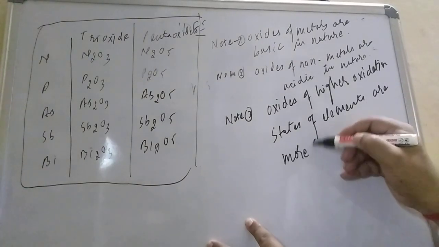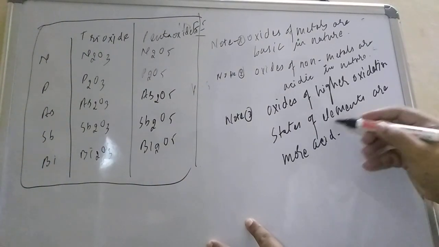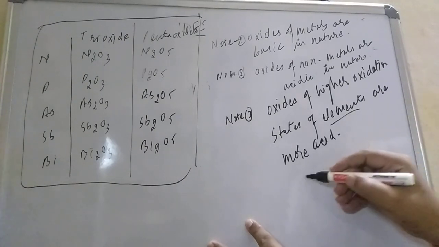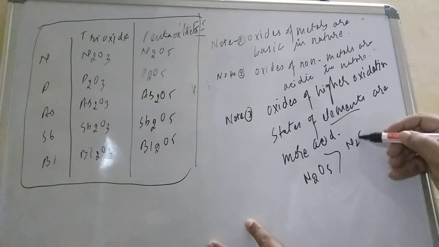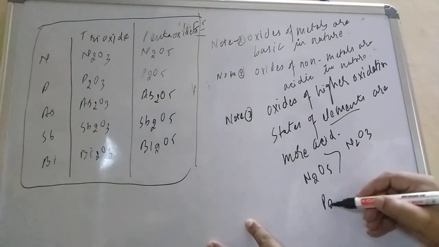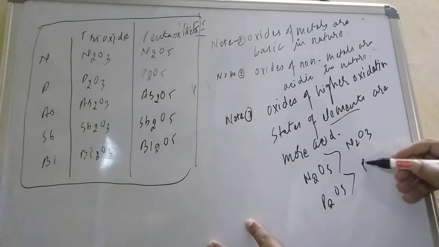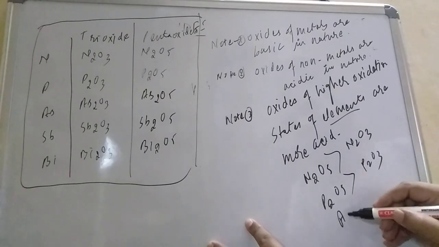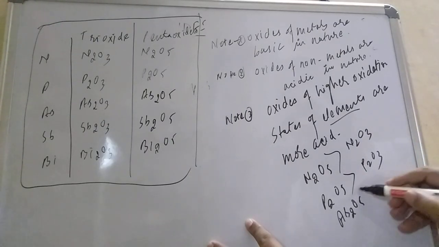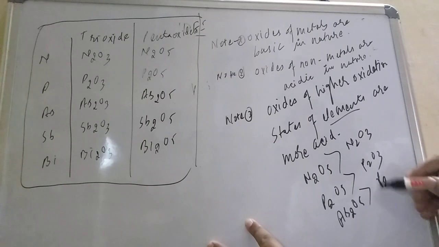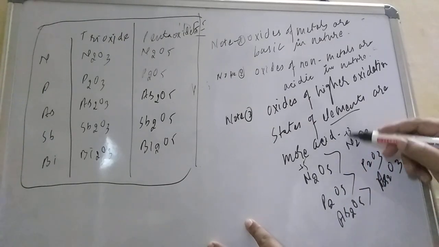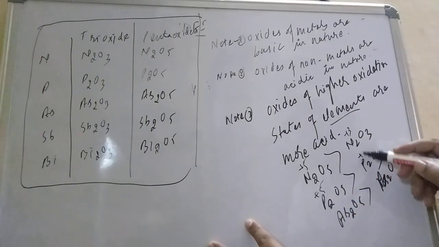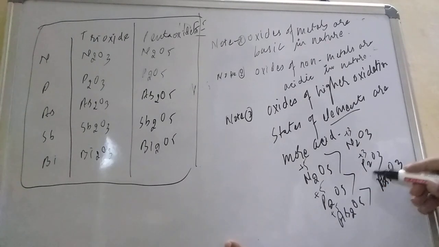Suppose you are comparing the same element: N2O5 will be more acidic than N2O3, P2O5 is more acidic than P2O3, and As2O5 is more acidic than As2O3. Because here the oxidation state is +5 and here it is +3, and likewise +5 and +3 for the others.